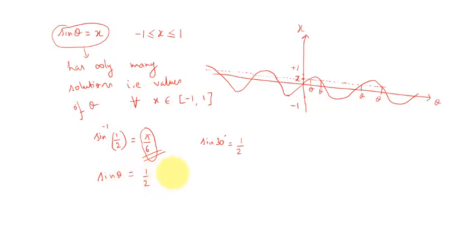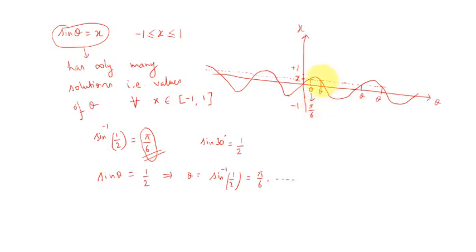If sine theta is equal to half, then obviously theta is sine inverse 1 by 2, and one of the infinitely many values of sine inverse 1 by 2 is pi by 6. There are other values also. For example, if this is x equal to half, then this value will be pi by 6.